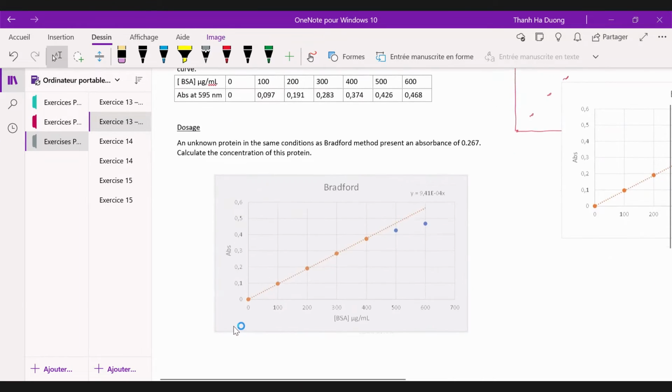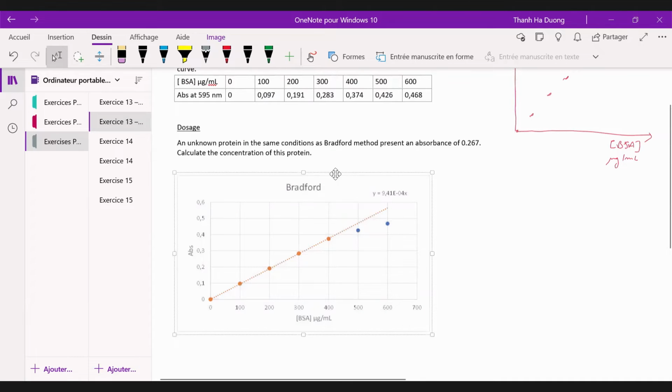So if you plot the absorption against the concentration, you will have these dots. You see that at the beginning it's linear. That means that the absorption is proportional to the concentration, but at the end it's not linear. The last 2 points are not on the same line. Indeed, the Beer-Lambert law is not correct for all concentrations. Why?